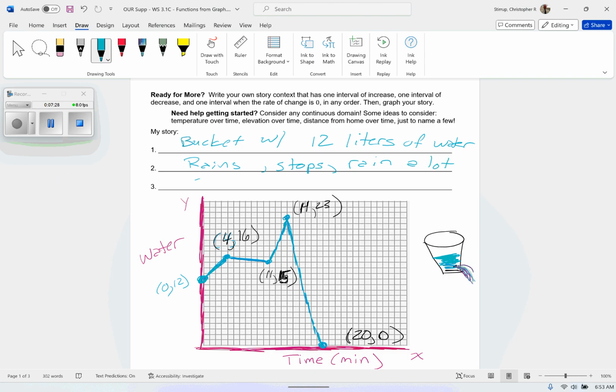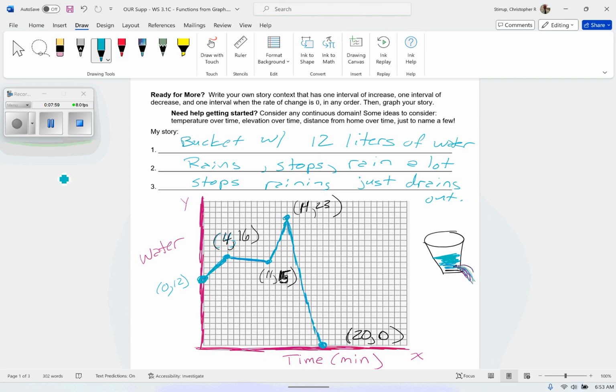And then it stops raining, and the water just drains out. Kind of a goofy story. So basically, do you understand the concept? There was already water in the bucket, like maybe we'd put some water in there, and it had a real slow leak in it. And then it rained a whole bunch, and then it stopped raining, and then it rained again, and then it stopped again. Okay, so that's kind of a silly little story.